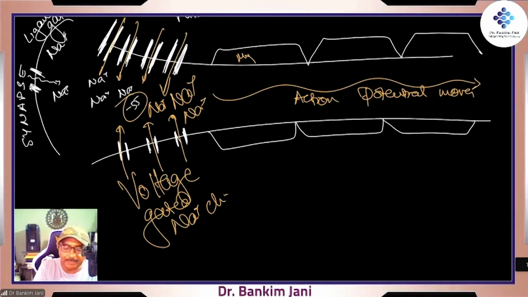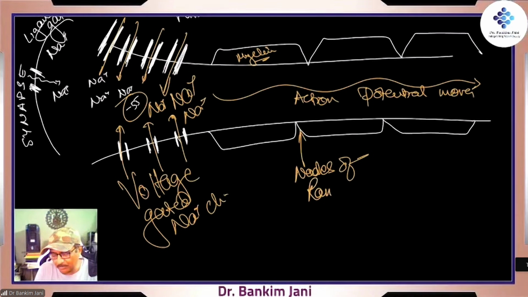And this is the myelin sheath. So the myelin sheath is there so that this signal should not be damped, and it should move continuously. But then what is the role of the nodes of Ranvier? These are the nodes of Ranvier. And what did we say for the nodes of Ranvier?